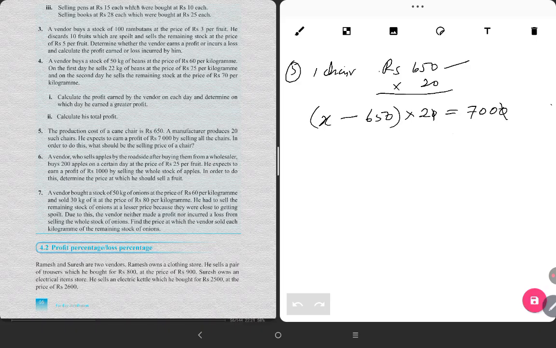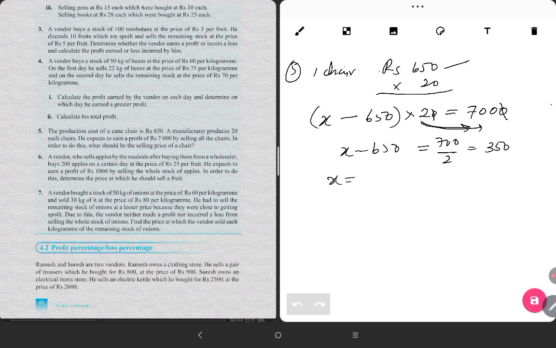So you can get rid of these tens. Then 700 divided by 2, you have to take it that way. Then x minus 650 is 700 divided by 2. We are taking this 2 here, this 2 here. So 700 divided by 2 is 350.